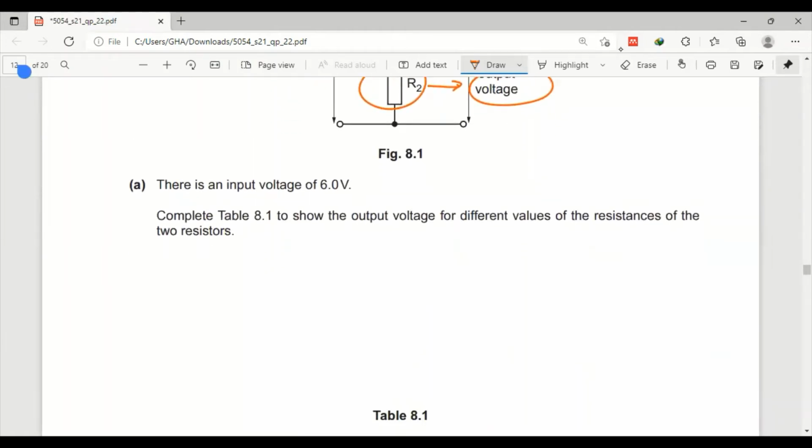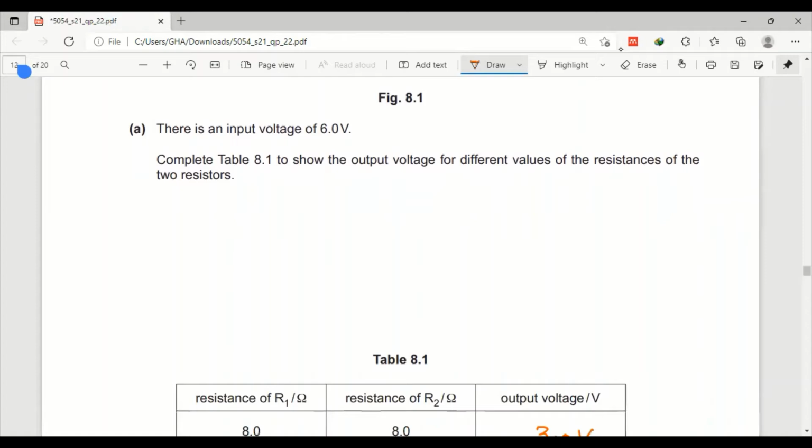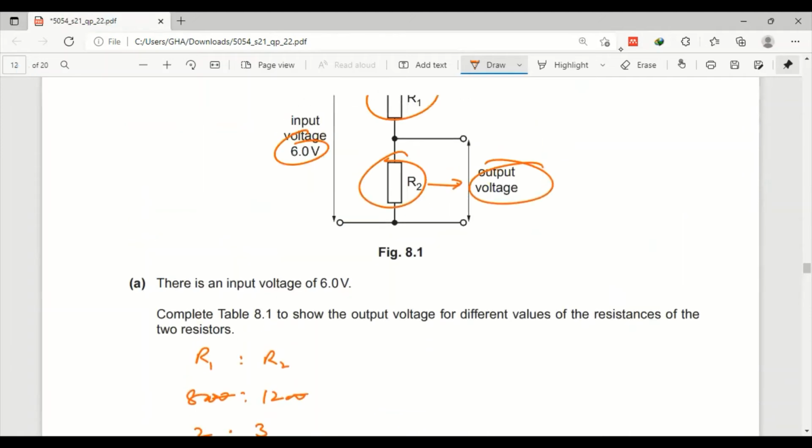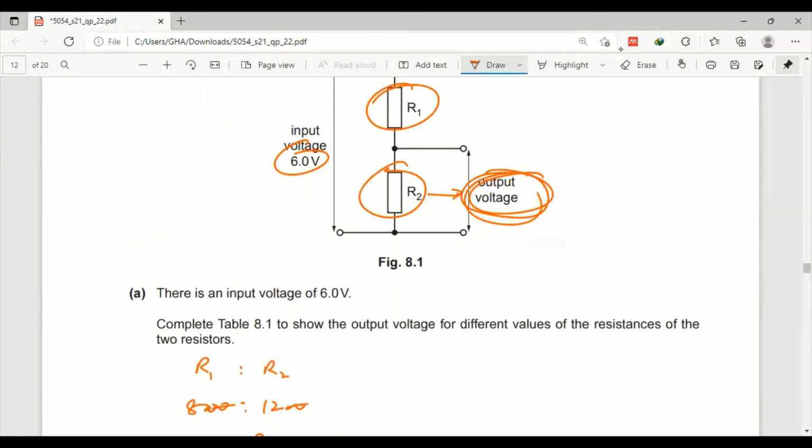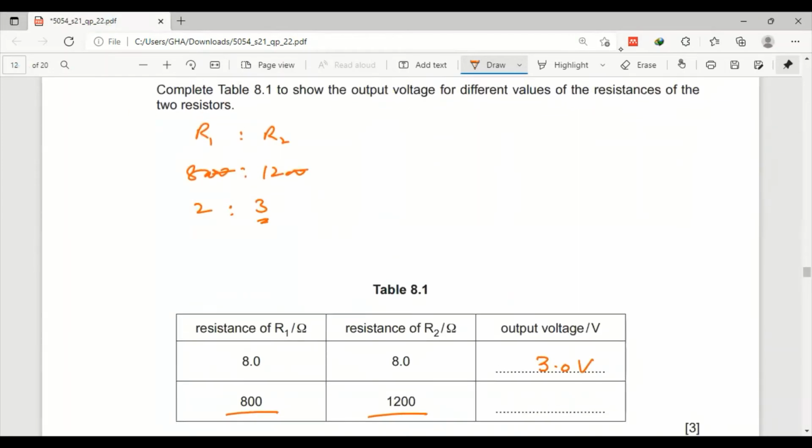So either by using the ratio method, look, R1 to R2, 800 and 1200. So this is 2:3. So we have to answer the output voltage across R2. So R2 ratio is 3. So 3 out of 5 times 6. Or use the formula V1 is equal to R1 over R1 plus R2 times EMF.